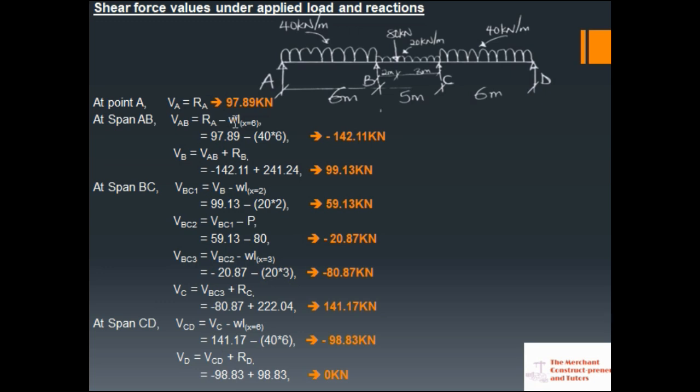So RA minus WL. So RA we calculated here. W 40, L 6, 40 times 6. When you manipulate it, you have minus 142.11 kilonewton.